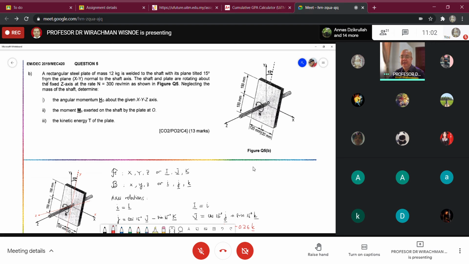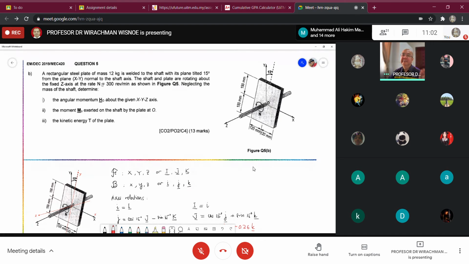Explain why, just and so on. And then question C will be how if we consider the mass of this rod, for example, what will happen? So you return back to the old equation, see what will be the effect. But this is the main question, 13 marks out of 20.